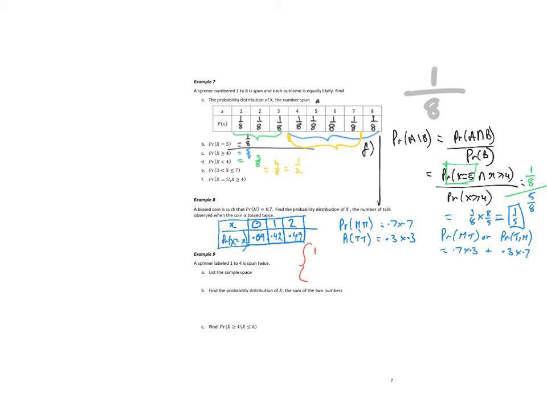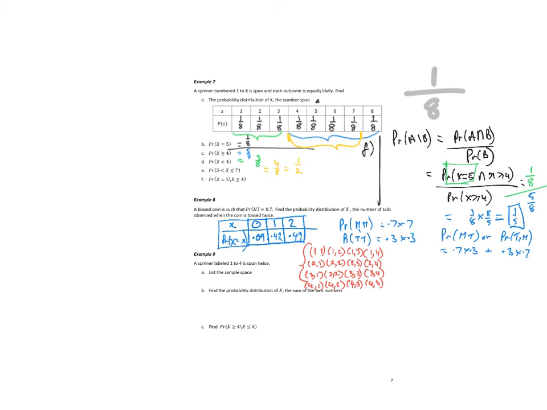That means I get a 1,1, 1,2, 1,3, 1,4, 2,1, 2,2, 2,3, 2,4, 3,1. It's a bit time consuming, but just list them out when we're asked to. 4,1, 4,2, 4,3, 4,4.